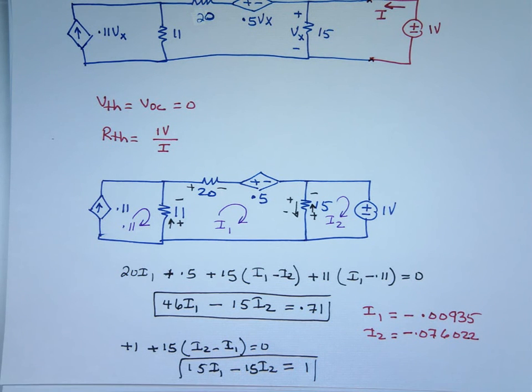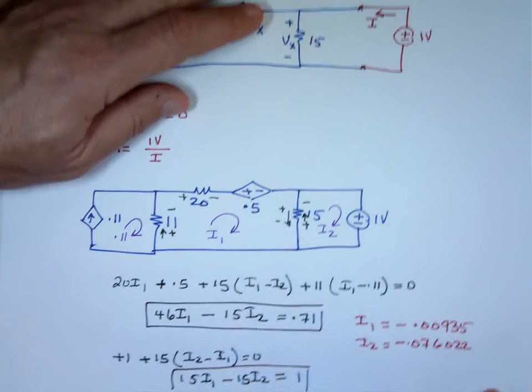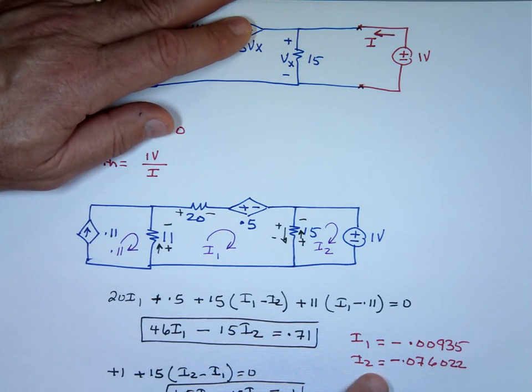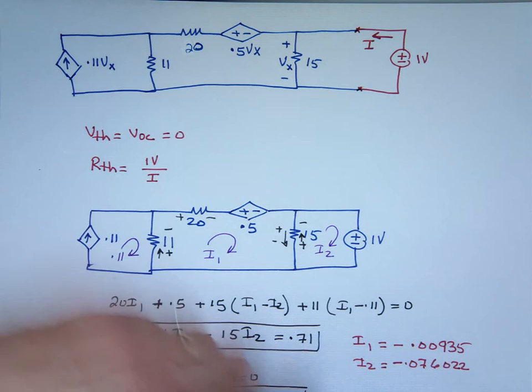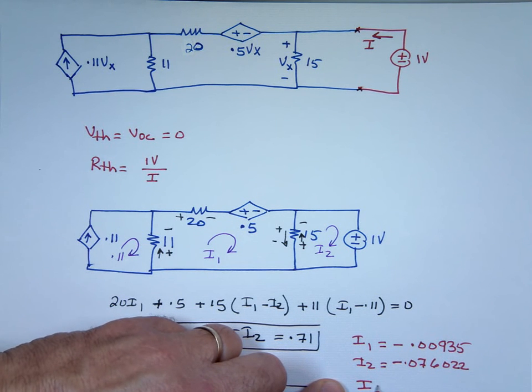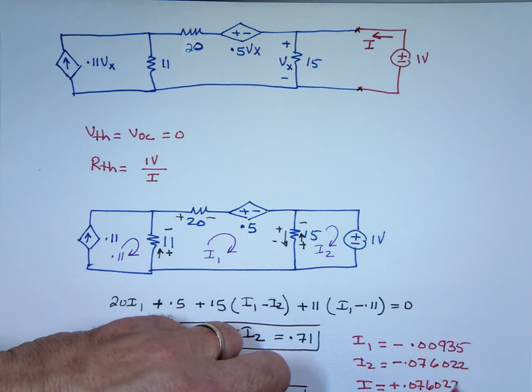So what is I in relation to I sub 2? Opposite. So I is going to be positive 0.076022. And what is R Thevenin?